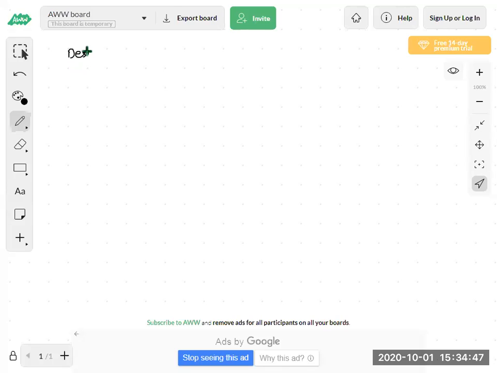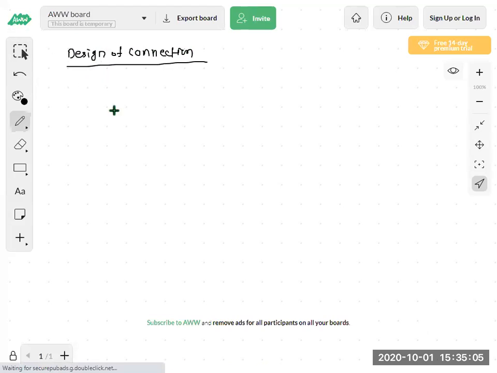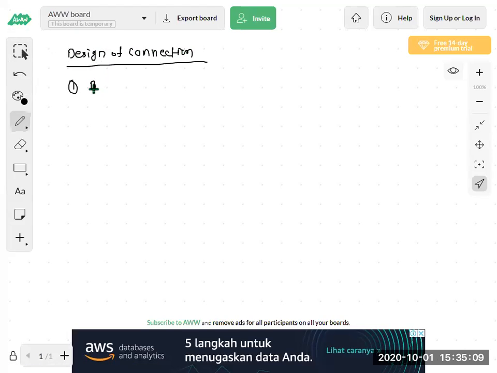So we will see that last step, design of connection. Okay, so bolted connection we will design.